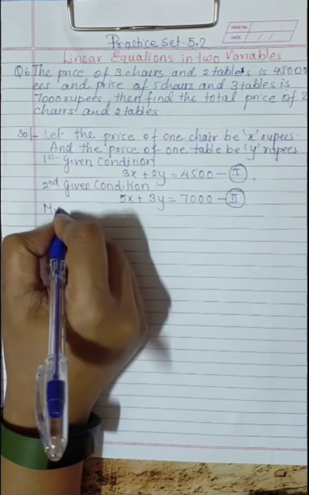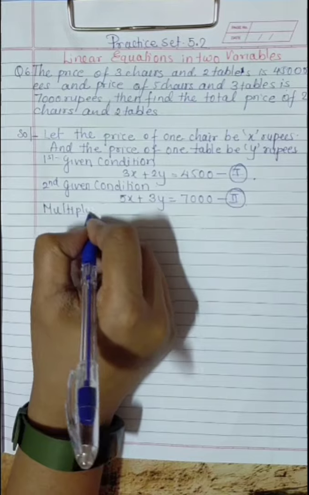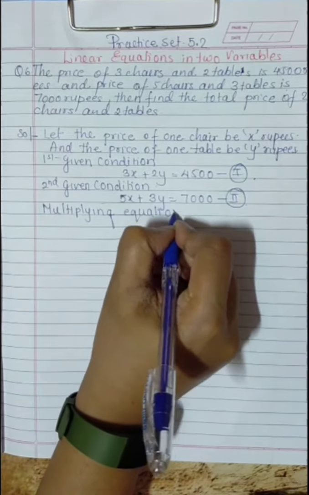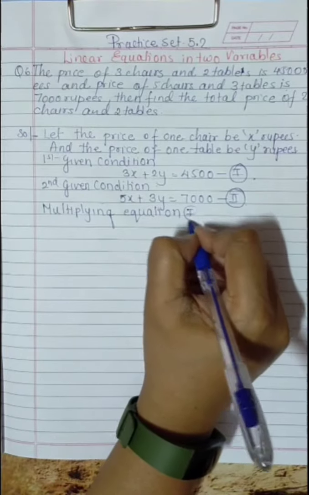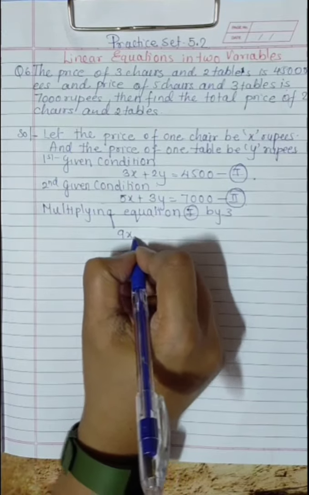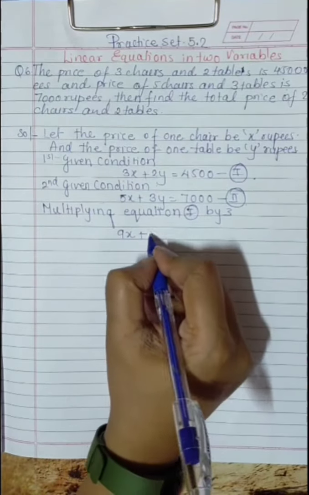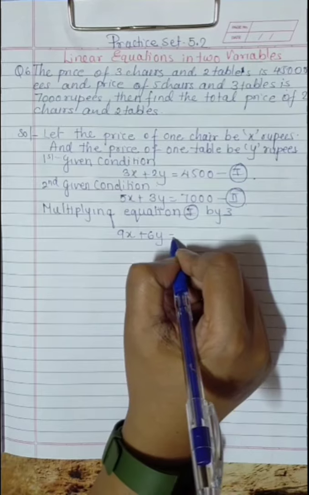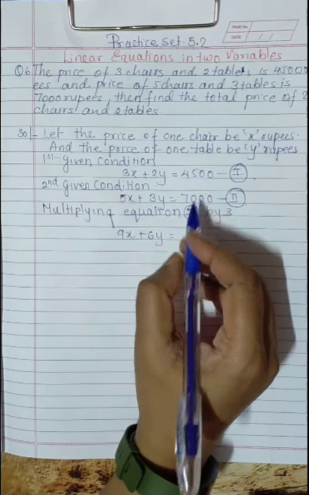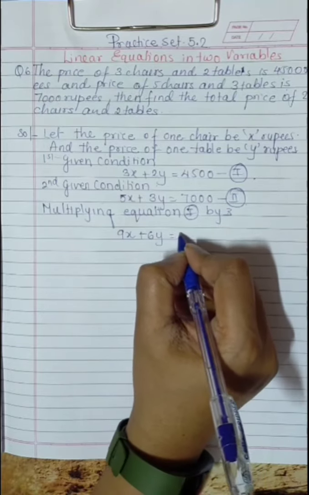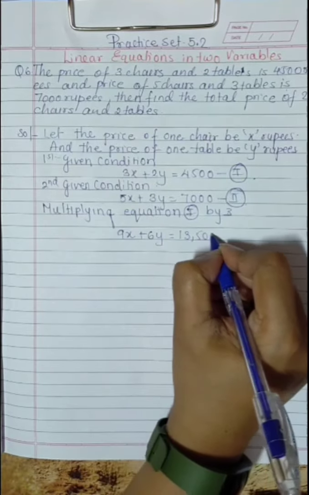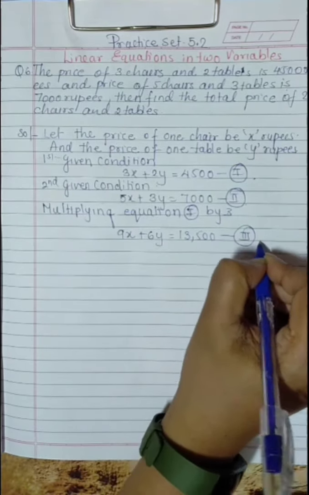So multiplying equation first by 3: 3 3s are 9x plus 3 2s are 6y equal to, when we multiply 3 with 4500, we get 13500. This is our third equation.